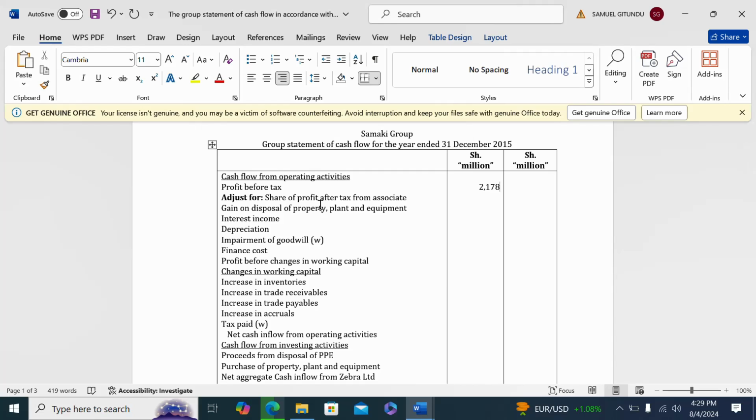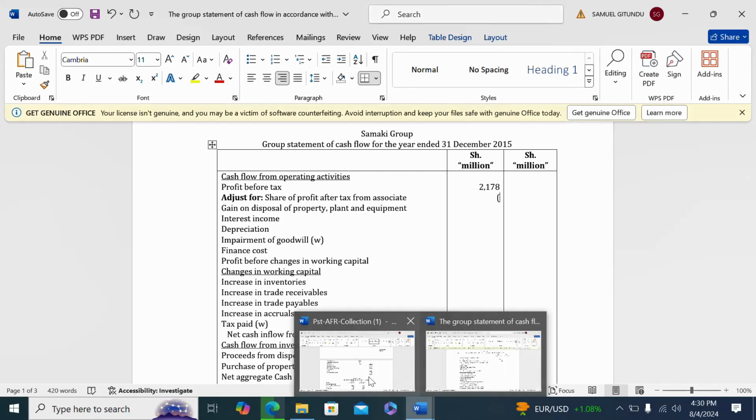So we adjust for non-cash items and those items which are not operational in nature. Non-cash items include depreciation and impairment of goodwill, and those items which are not operational in nature include finance costs. We can start with the share of profit after tax from the associate. So we deduct it here. How much was it?